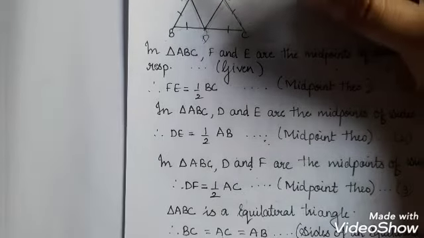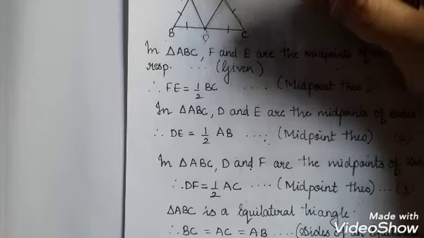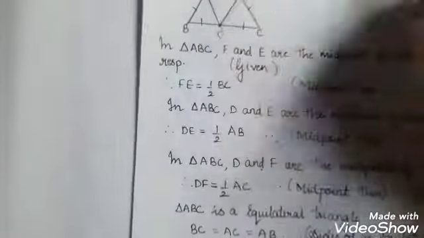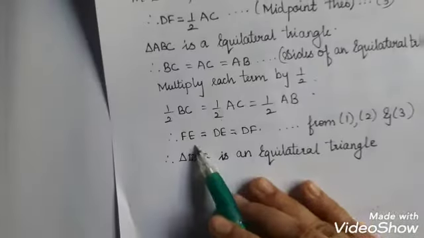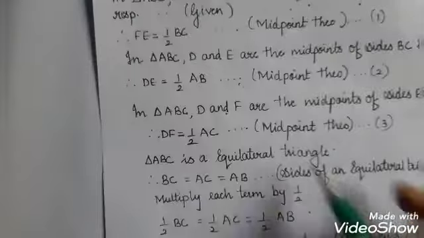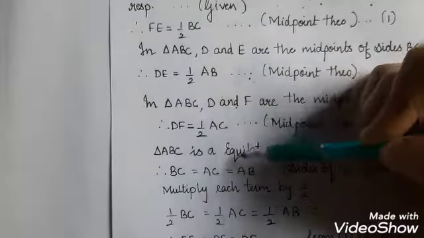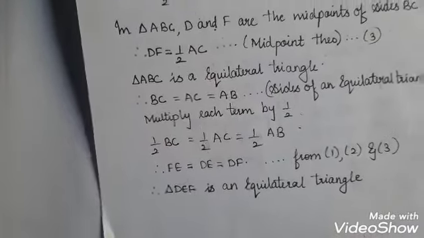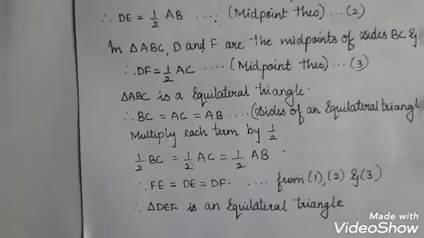And half of AB is DE. So we can say all the three sides are equal. From 1, 2 and 3 I can say this. So that means triangle DEF is an equilateral triangle.